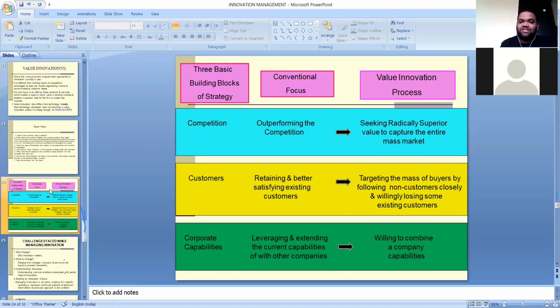The innovation process here is being willing to combine company capabilities so that we can achieve many things. So this is the value innovation process of the building blocks of strategy: competition, customers and corporate capabilities.